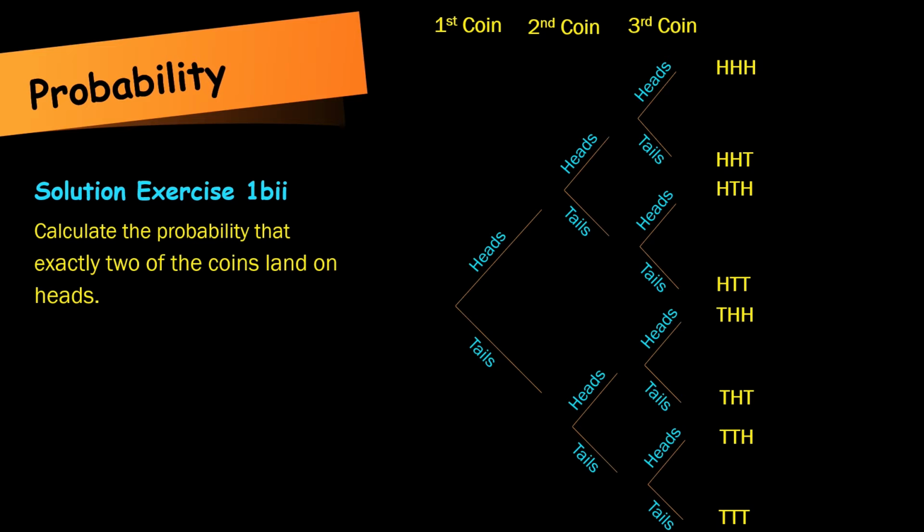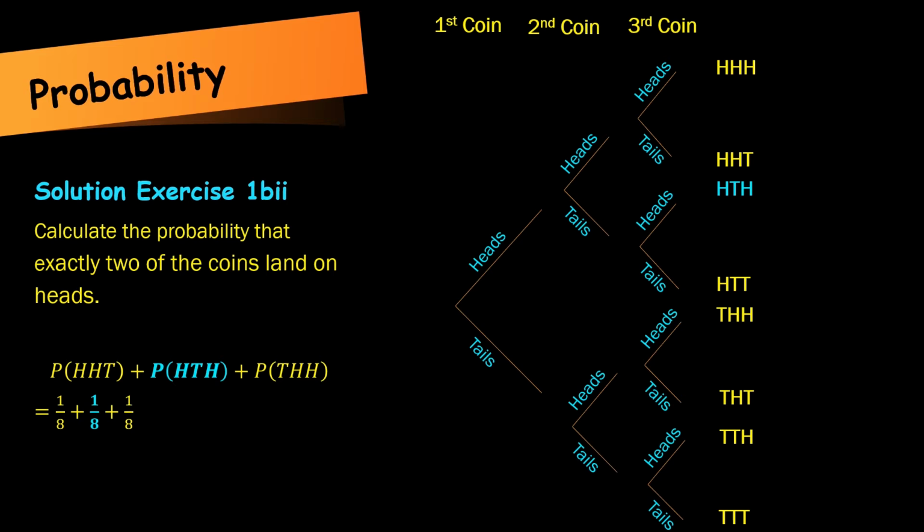Now calculate the probability that exactly 2 of the coins land on heads. So we need to find the number of ways we can get exactly 2 heads. There's one way, heads, heads, tails, and the probability of that is 1/8.